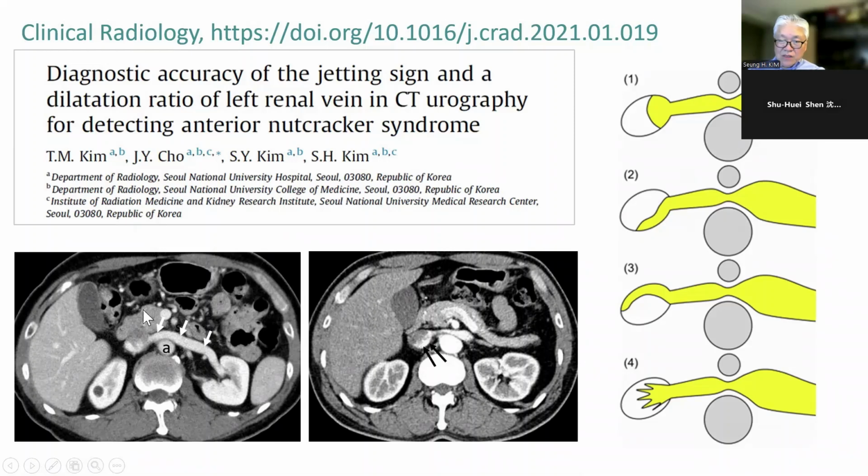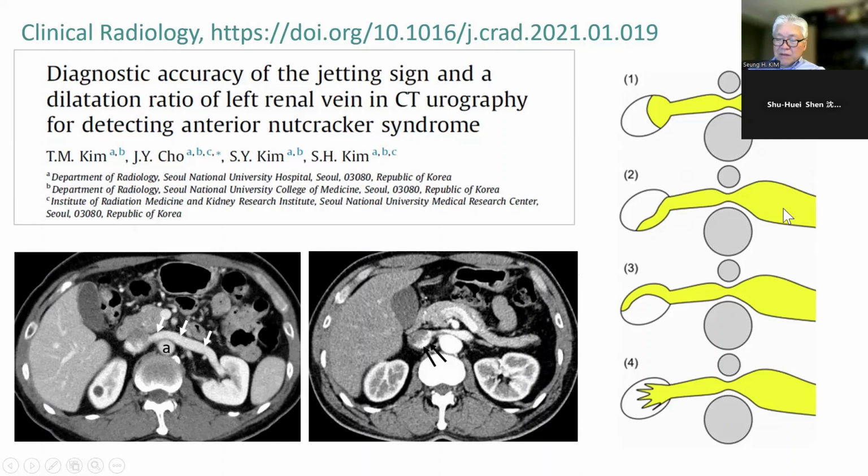So if we see this kind of flow or this kind of flow, we can suspect that this is a slow flow and probably the Nutcracker phenomenon is absent in these patients.